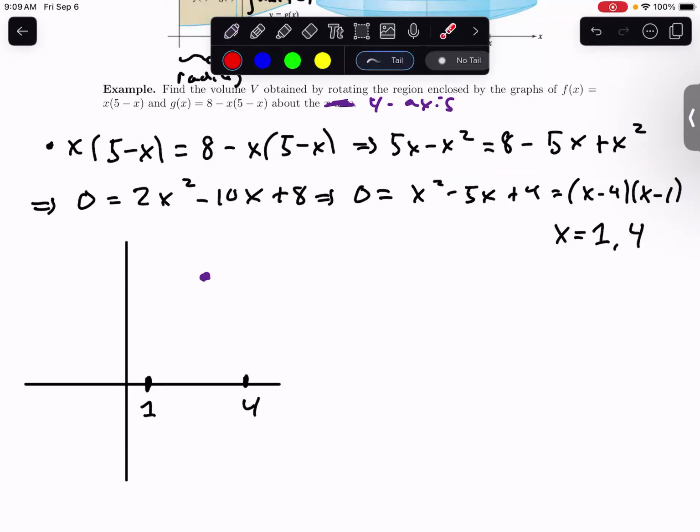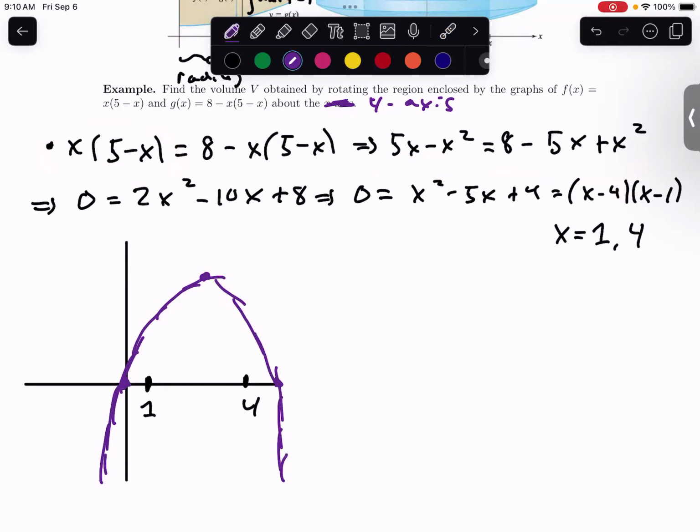Just by looking at x times (5 minus x), you can see this graph will have zeros at x equals 0 and x equals 5. So it looks something like this downward facing parabola. This is the graph f of x equals x times (5 minus x).